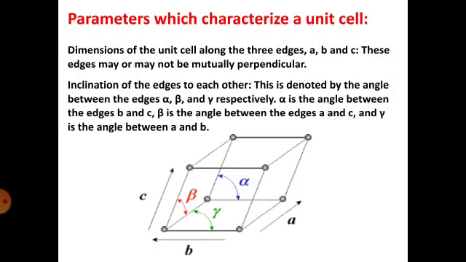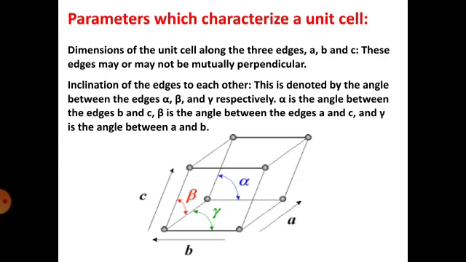The unit cell is characterized by a few parameters. The first one is the dimension of the unit cell along the three edges a, b and c. These edges may or may not be mutually perpendicular to each other. Students, please focus on the diagram. The second parameter is the inclination of the edges to each other.